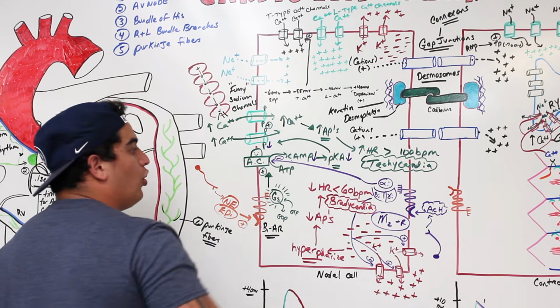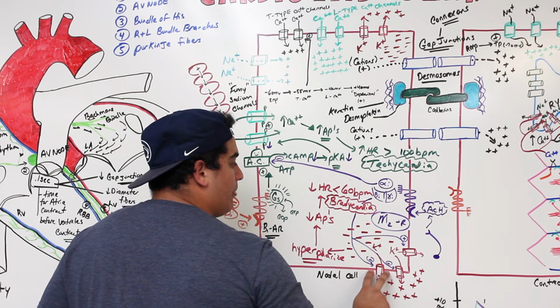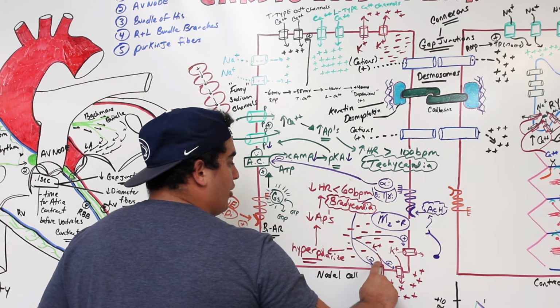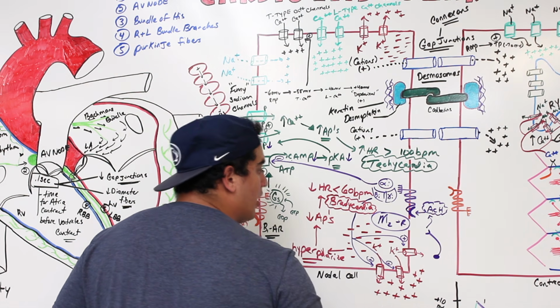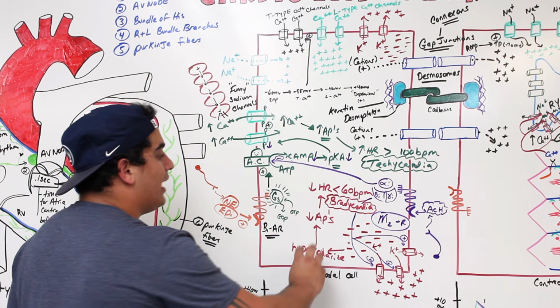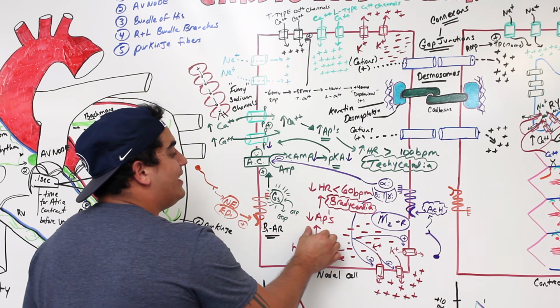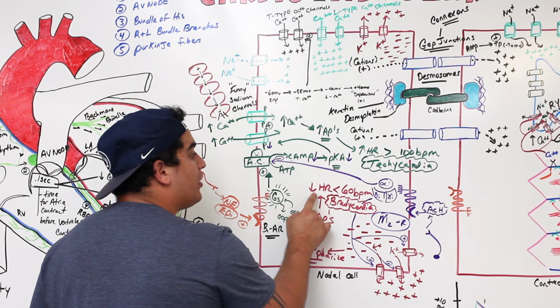So 2 things. One is the beta and gamma inhibitory subunit bind onto voltage-gated potassium channels, which are then going to open, and potassium can flood out of the cell, losing positive ions, making the cell more negative, hyperpolarizing the cell. And if the cell hyperpolarizes, it decreases the rate at which it can generate action potentials, which decreases the heart rate.